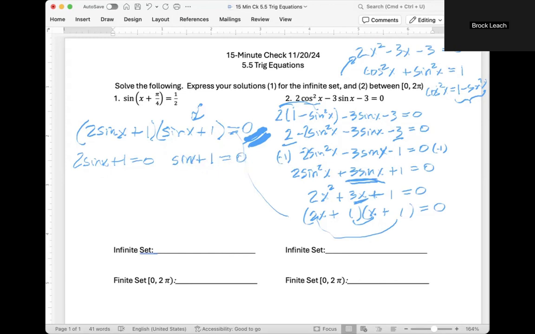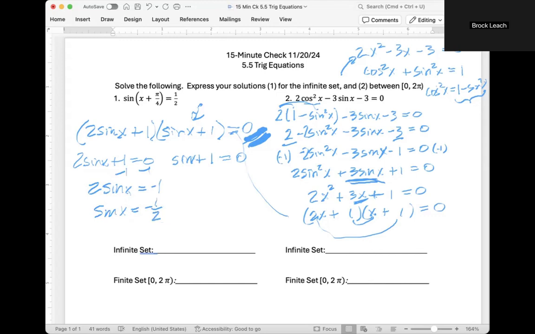And we find solutions for both of those. So for the first one, if I subtract 1 from both sides, I have 2 sine x equals -1. Divide by 2, I see sine x is equal to -1/2.